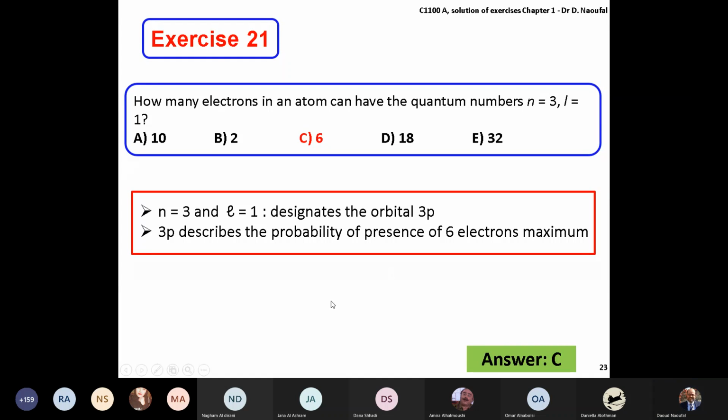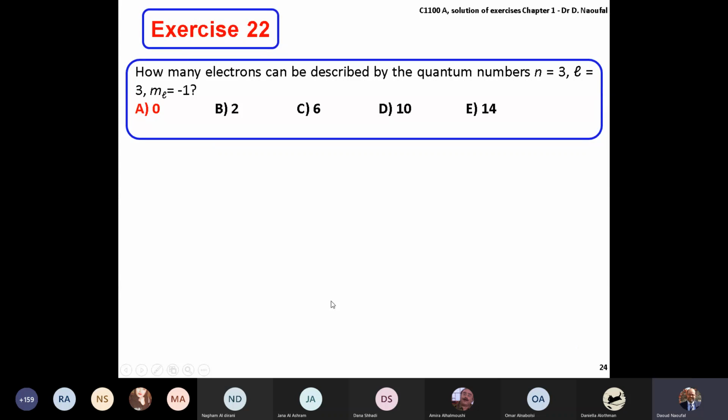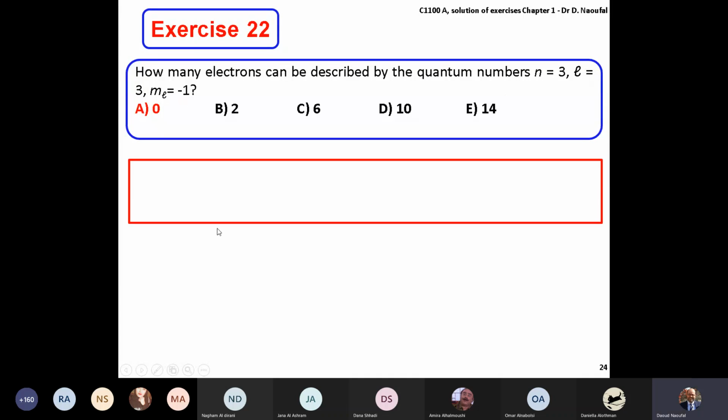Exercise 22. How many electrons can be described by the quantum numbers n equal 3, L equal 3, ml minus 1? First, for n equals 3, the possible values of L are 0, 1, 2.